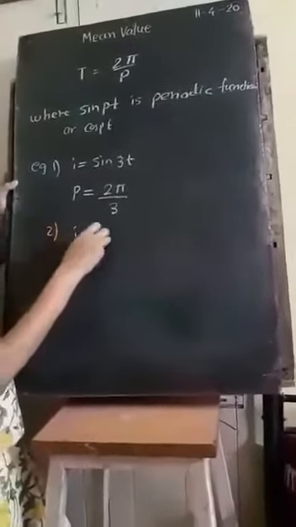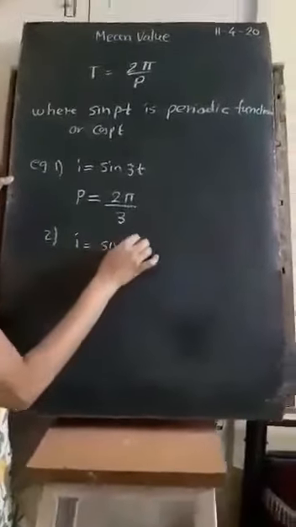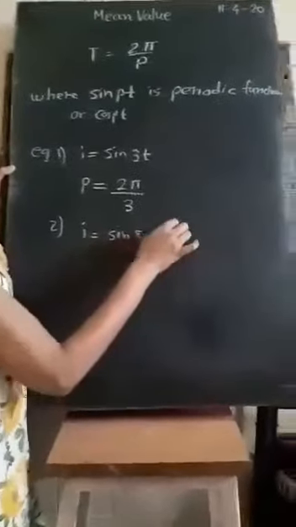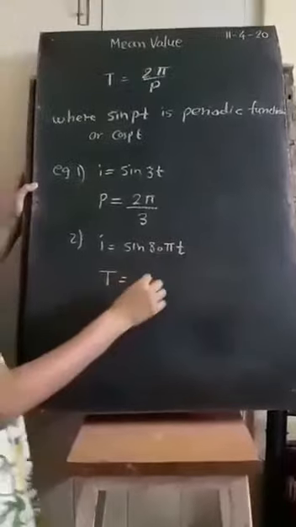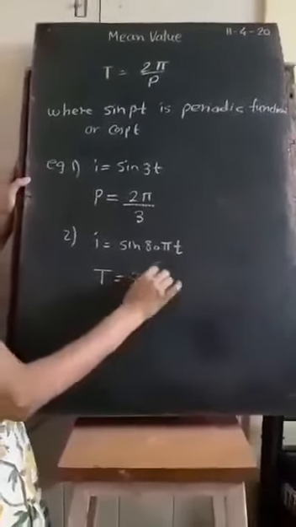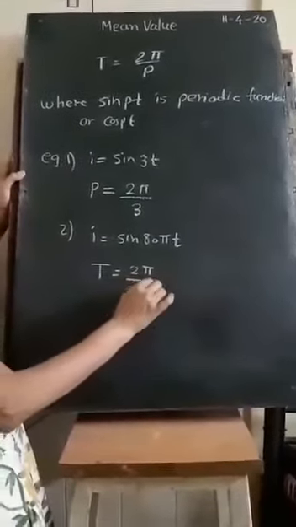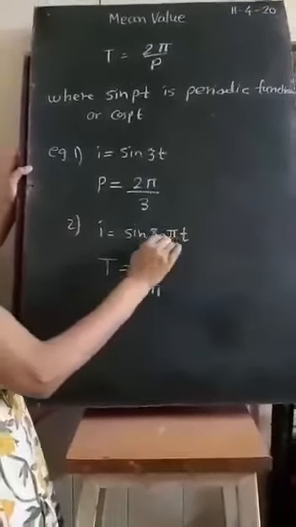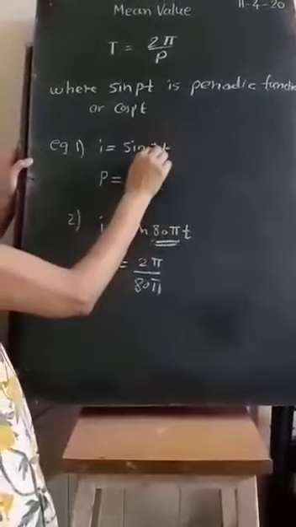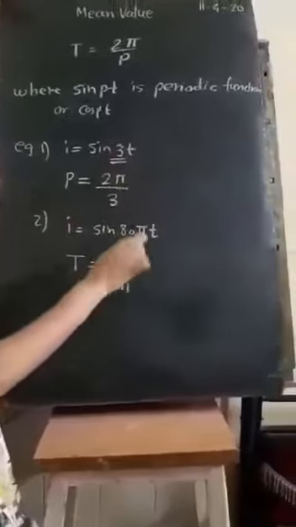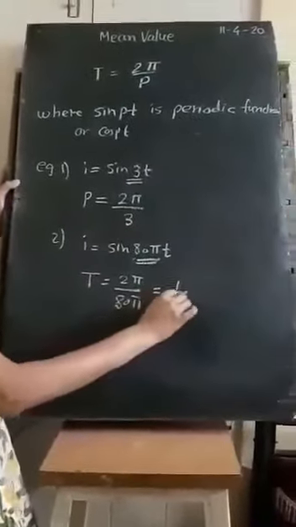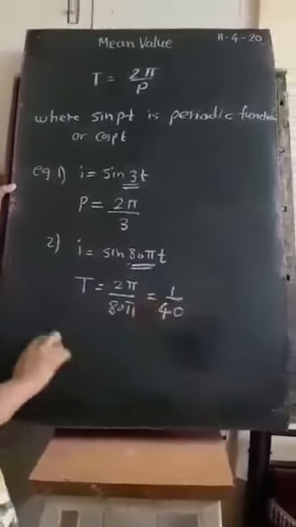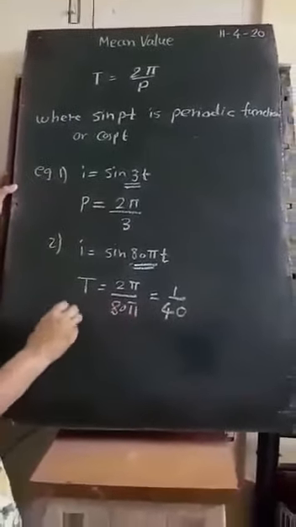If the function is sin 80 pi t, then what will be the period? It will be 2 pi upon 80 pi. So 2 pi upon 80 pi, pi will get cancelled out, it will be 1 upon 40.